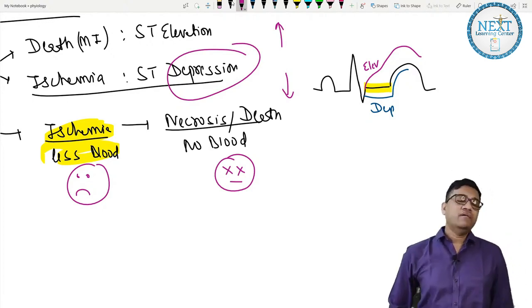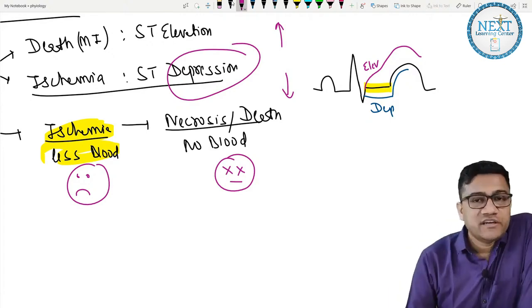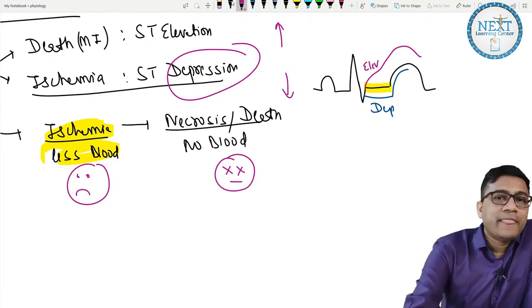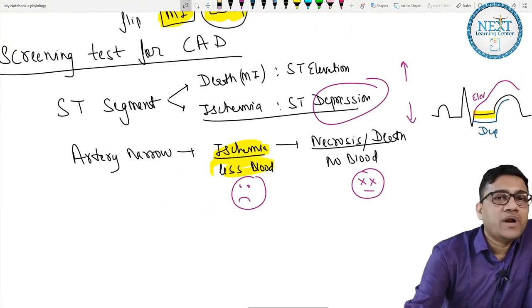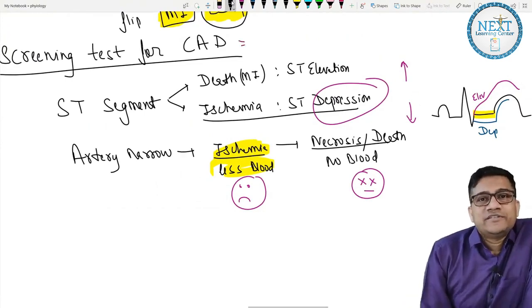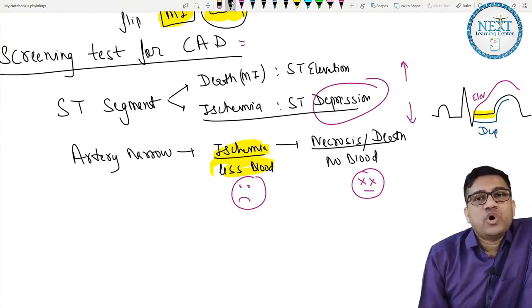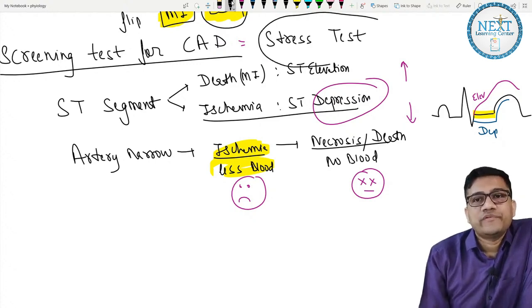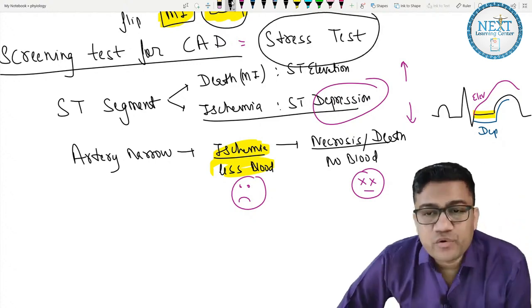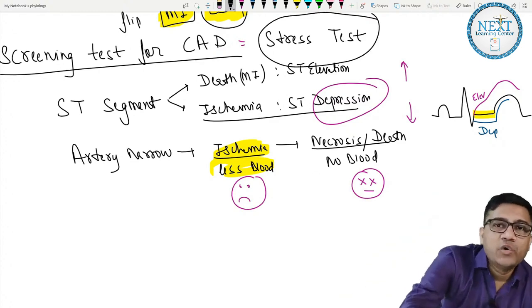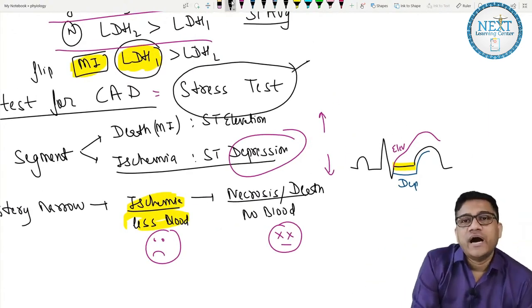So that is why, what is the screening test we use for CAD? It is basically called the stress test. So what do we use? Stress test. And how do you do the stress test? Either we do a drug stress test with drugs.